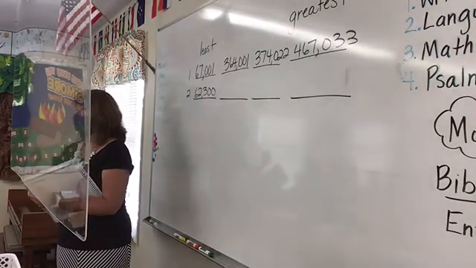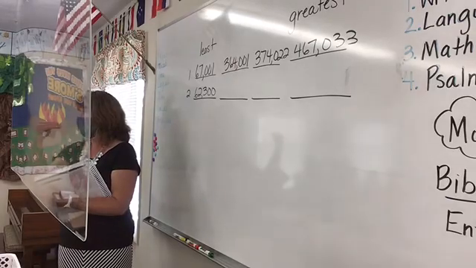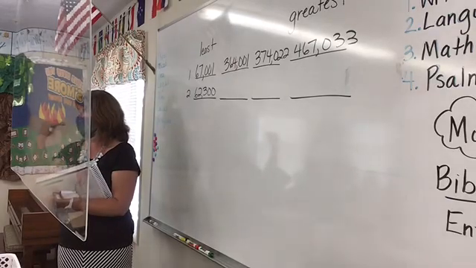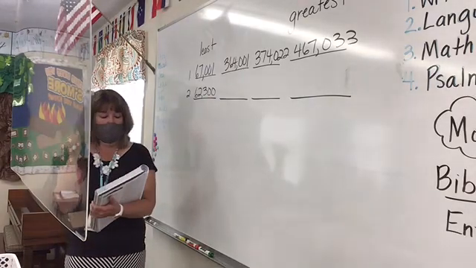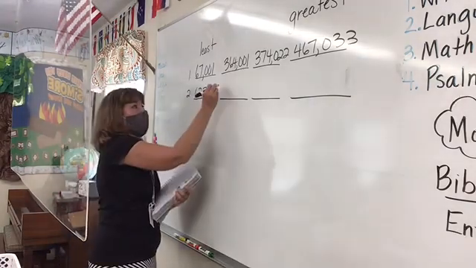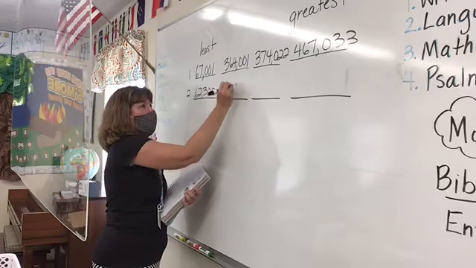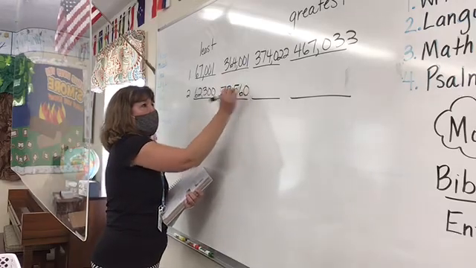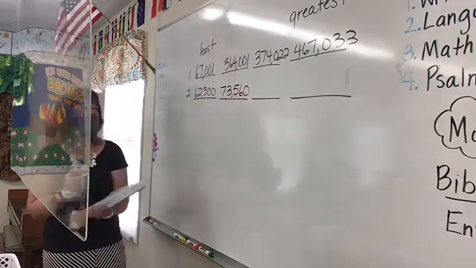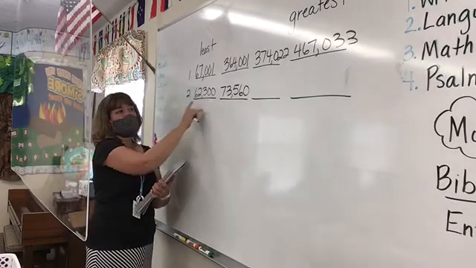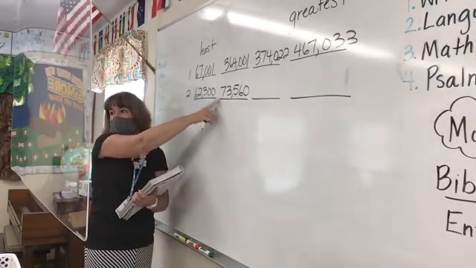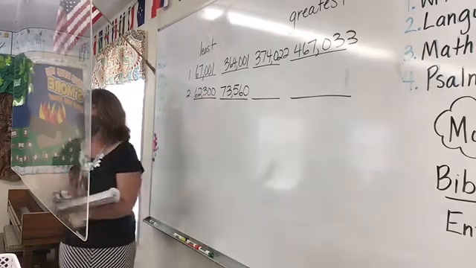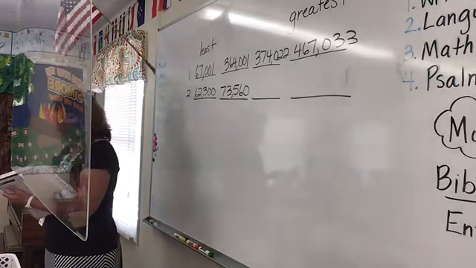All right, now what's the next biggest number? It would be the other one that only has 5 digits, right, Mason? 73,560. Right. And that was easy. All you had to look at was the first digit, and this is a 6, that's a 7. And 6 is less than 7. Okay, now look at the other two numbers.